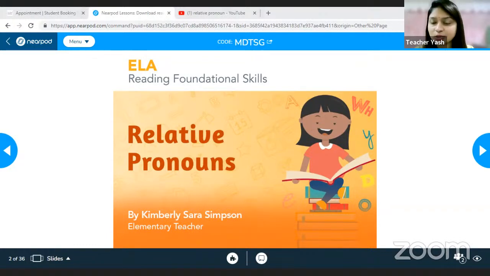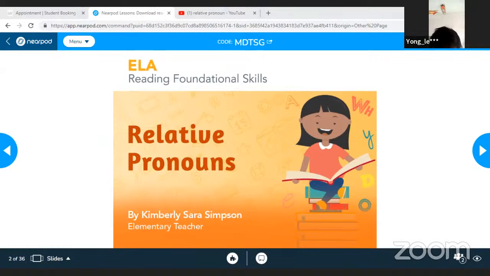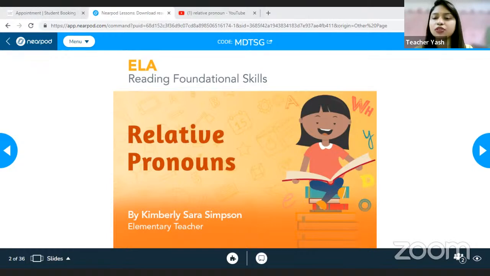Can you understand what a relative pronoun is now? Youngler, have you seen this type of sentence? Ansley, have you ever seen these types of sentences? Yeah, so these are relative pronouns.